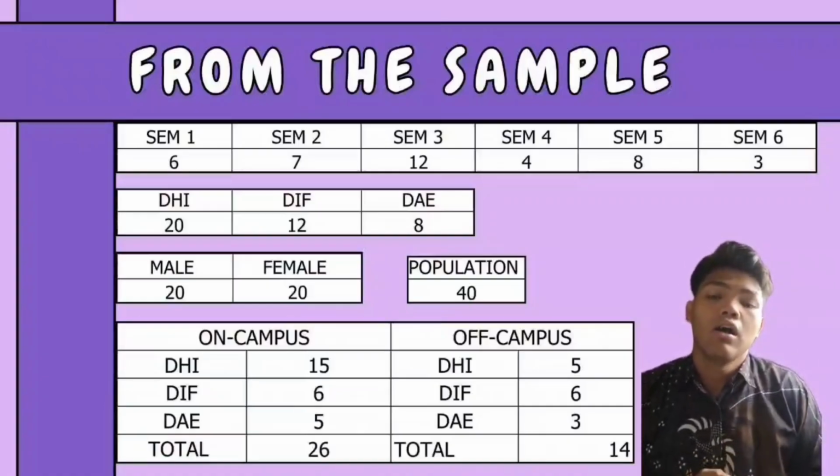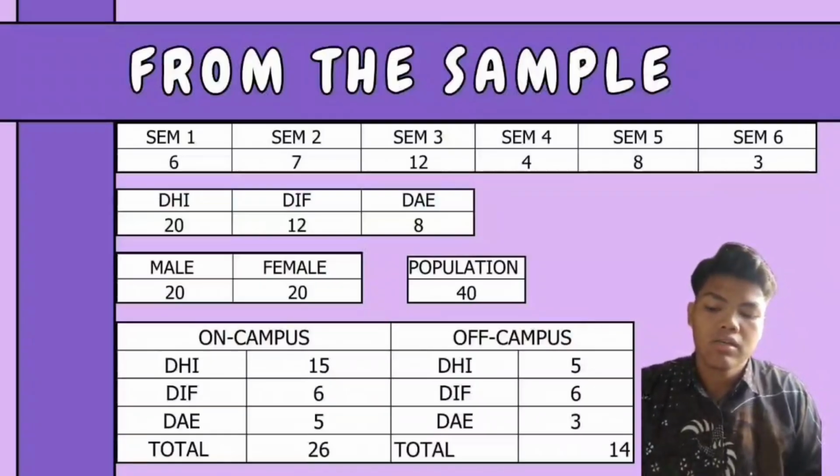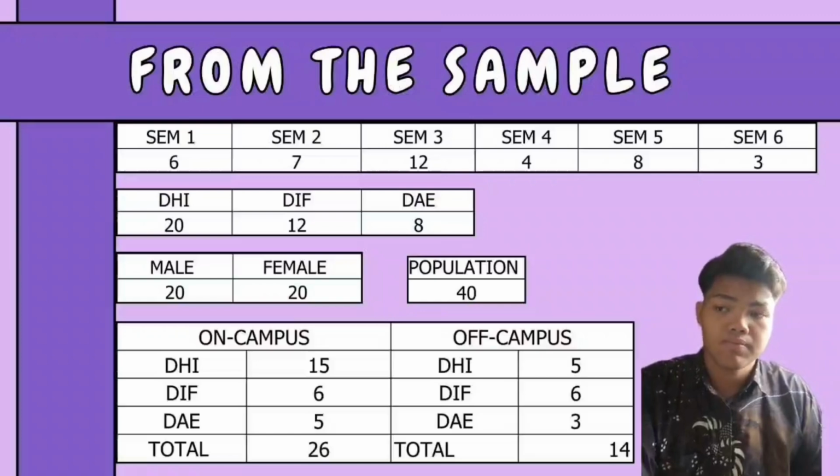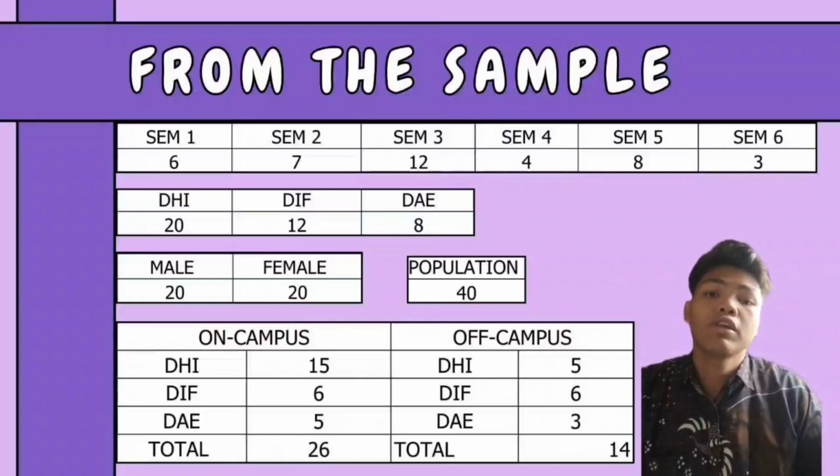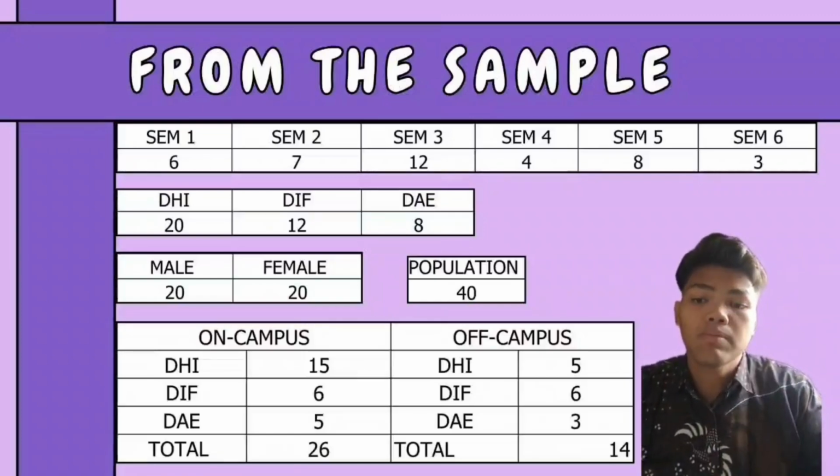Next, on the program, we have 3 programs: DHI, DIF, and DAE. The sample we select is 20, 12, and 8. On the gender, we have 20 male and 20 female.